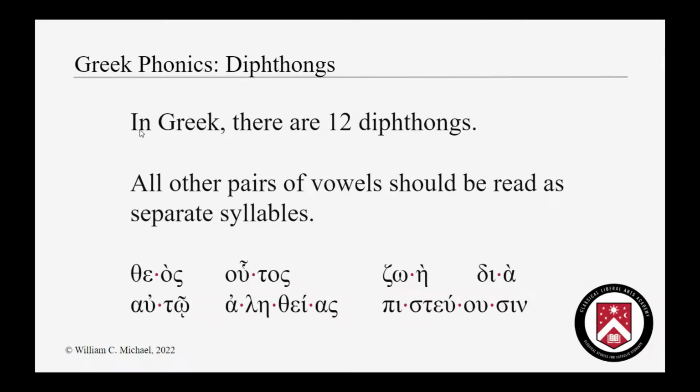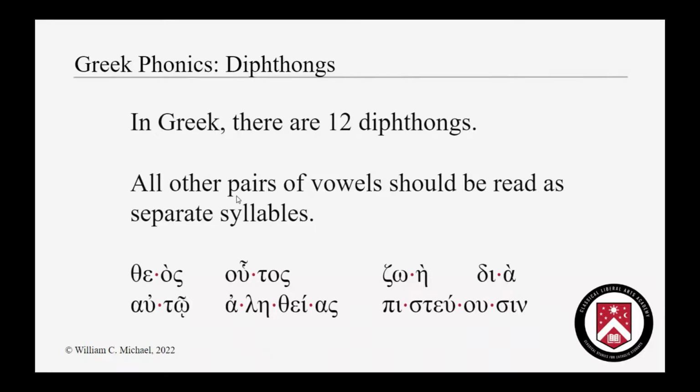So to understand more clearly the importance of being able to identify the 12 Greek diphthongs, let's look at some words that show us pairs of vowels, some of which are diphthongs and some of which are not diphthongs. You can read here, in Greek there are 12 diphthongs.